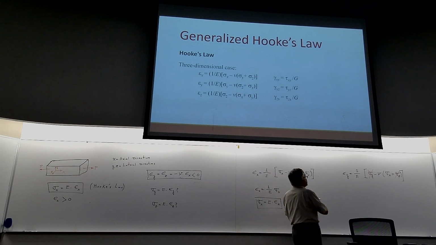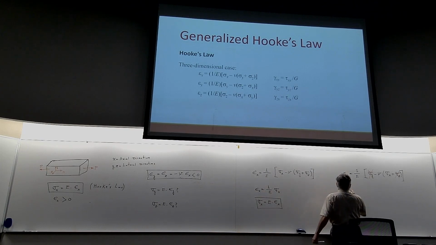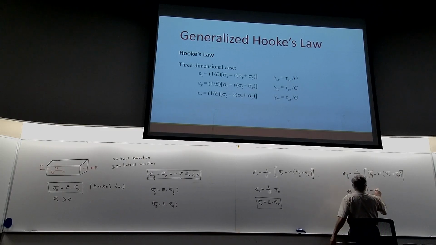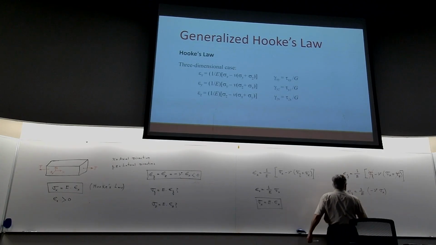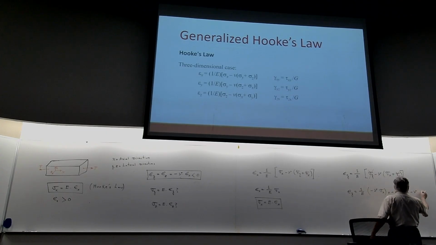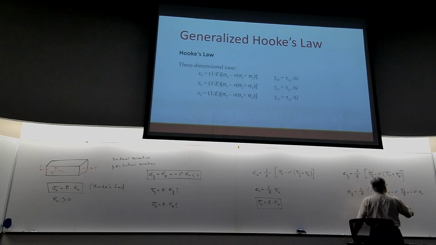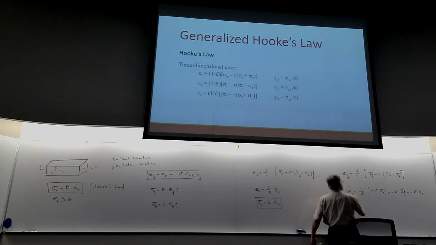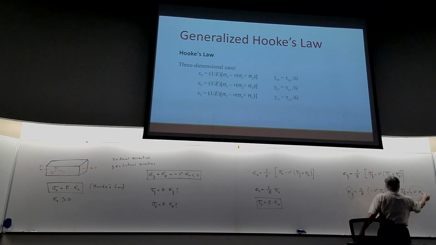So I can cross those out, meaning this becomes epsilon y equals 1 over E times minus nu sigma x. Then I could write this as minus nu times sigma x divided by E. Sigma x divided by E is epsilon x. Is this a correct equation? This is equal to that.